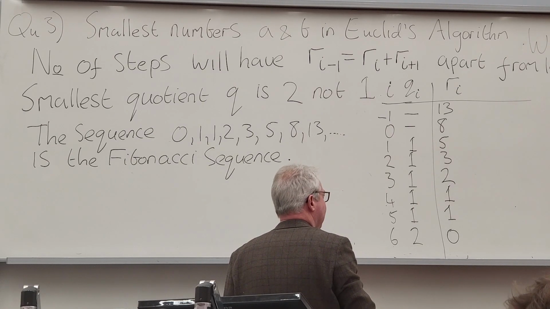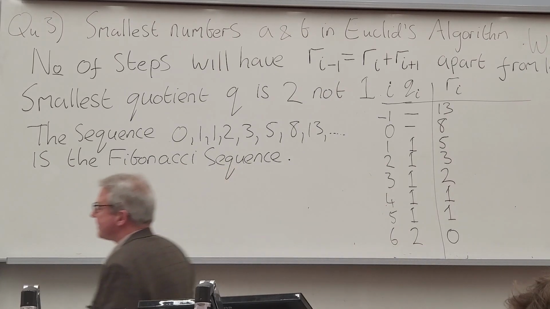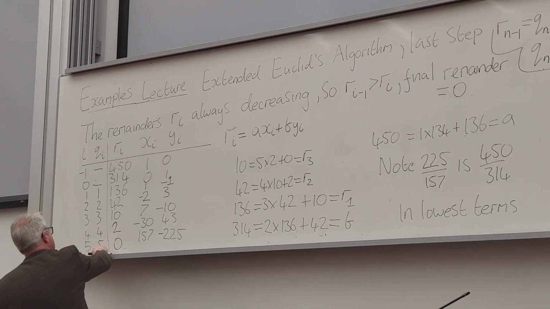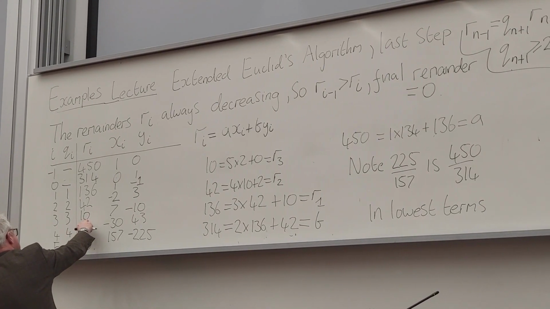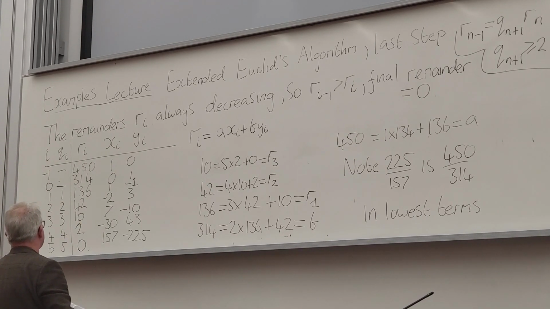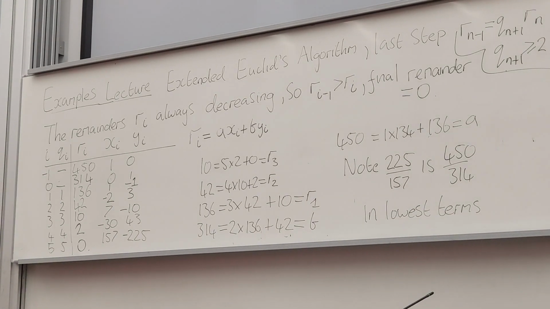So the smallest number I can start with is R5 is 1. And then 0 plus 1 is 1. 1 plus 1 is 2. 1 plus 2 is 3. 2 plus 3 is 5. And if I carry on like this, 3 plus 5 is 8. 5 plus 8 is 13. So you probably will recognise those as the Fibonacci sequence.